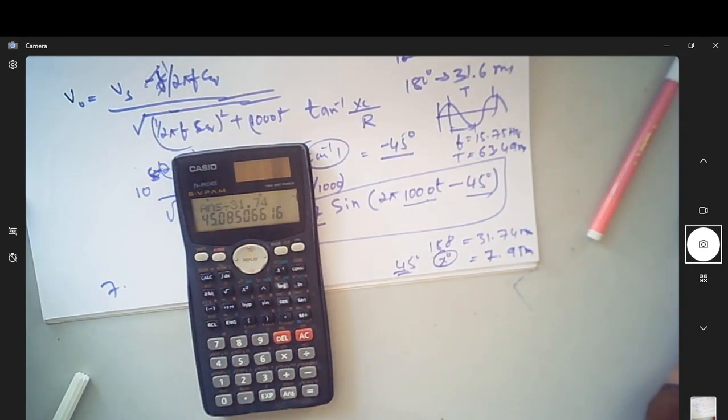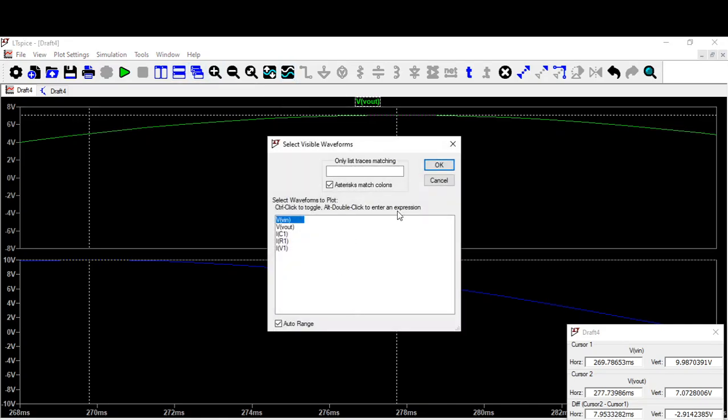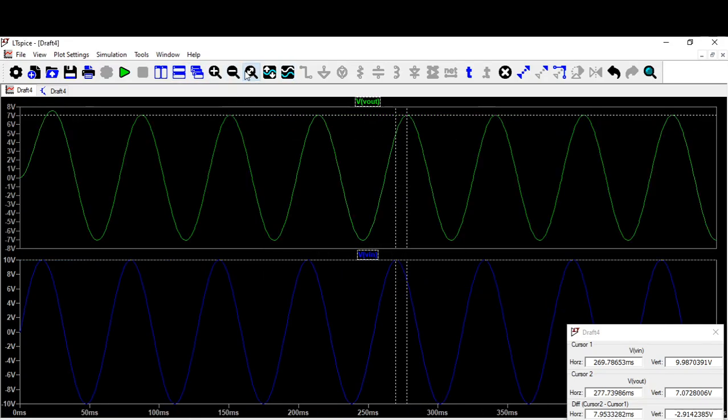So that is the way you can find the phase shift of the signal in the waveform also. I am putting one cursor here at the peak, the other cursor over here. Can you see the output is coming after some time? That time is 7.95 millisecond, which corresponds to 45 degrees lagging.